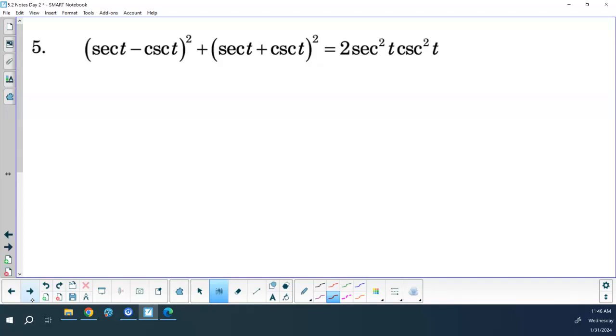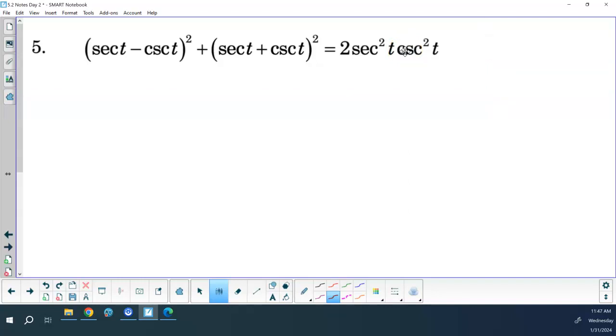But I ended with 2 over sine squared plus 2 over cosine squared. Okay, so factor out a 2, because you're not done yet. Until you get to here, you're not done.